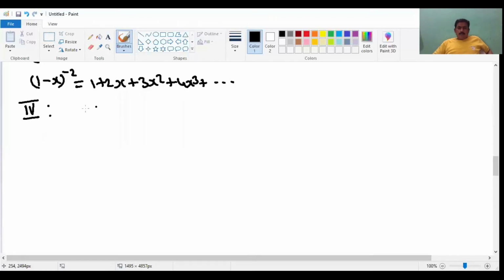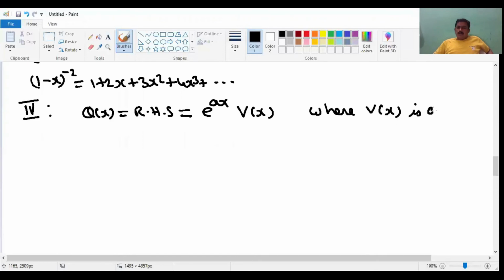Type 4: q of x or your right hand side term is e power ax into v of x, where v of x is a function of x. That is, it may be in the form of x, or it may be in the form of sine or cos.